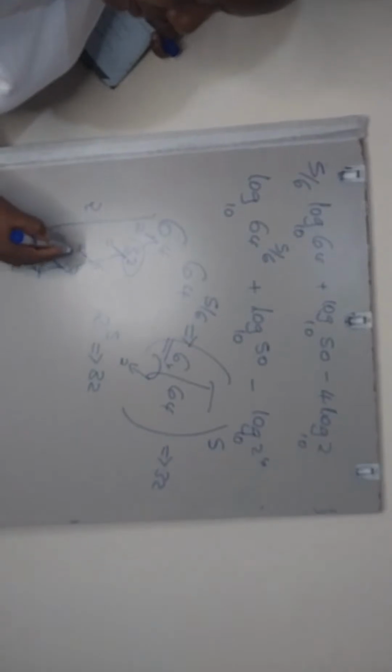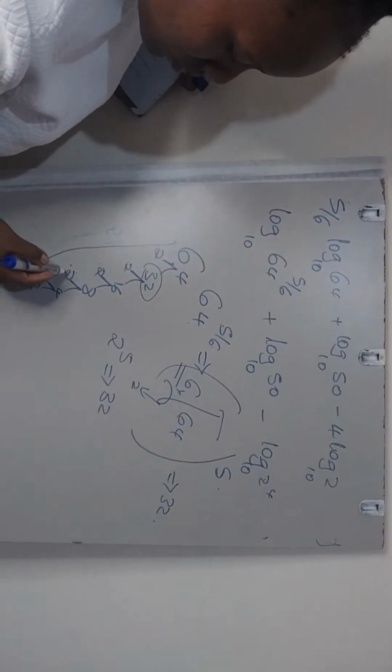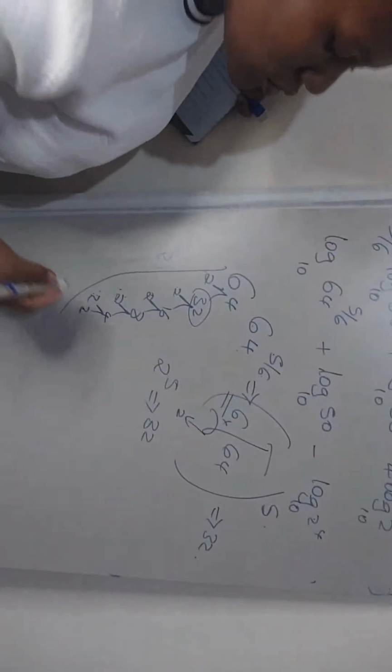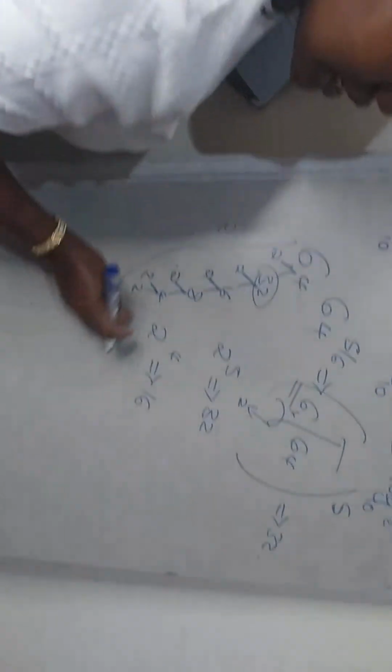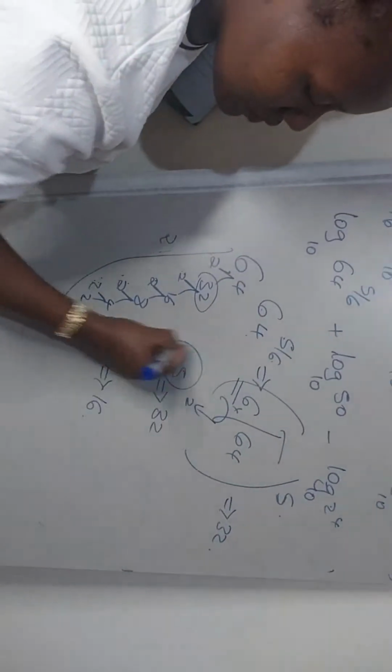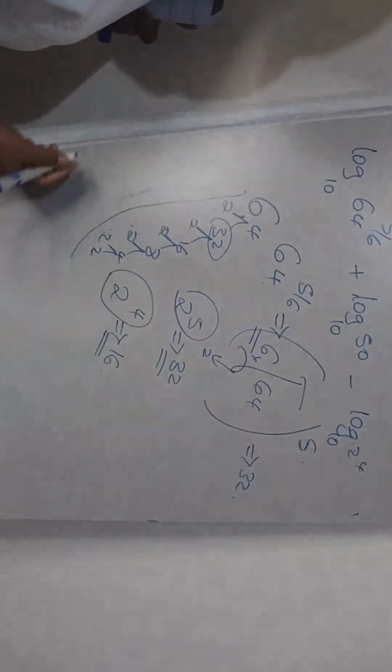Now again we have 2 to power 4. 1, 2, 3, 4. So 2 to power 4 will be 16. Instead of using all these, we'll simply use these numbers for the mathematics to seem simpler.